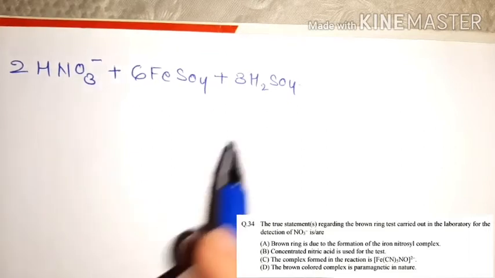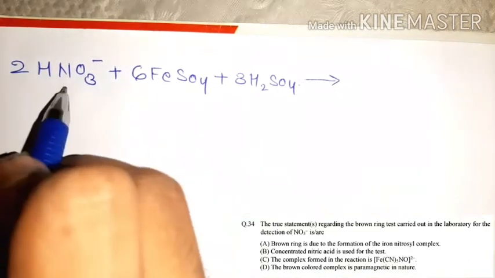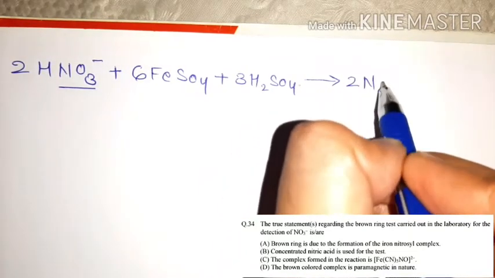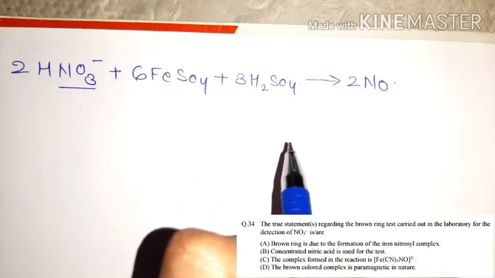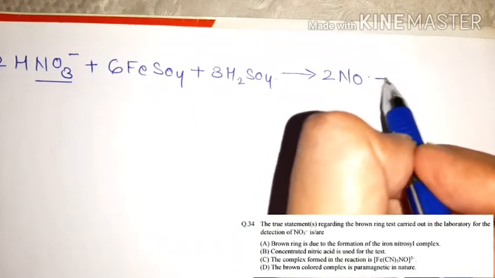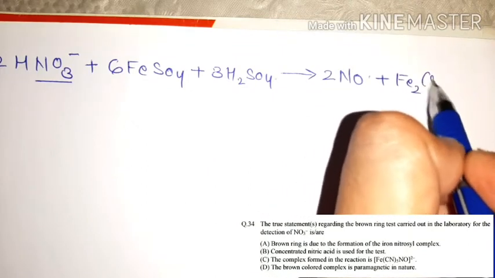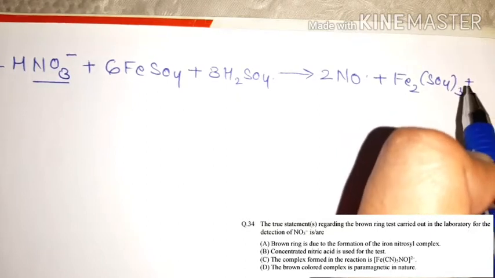This is the first process. Here we observe that NO3 minus will convert into NO, that is nitric oxide, and FeSO4 will convert into Fe2(SO4)3 plus 4H2O.